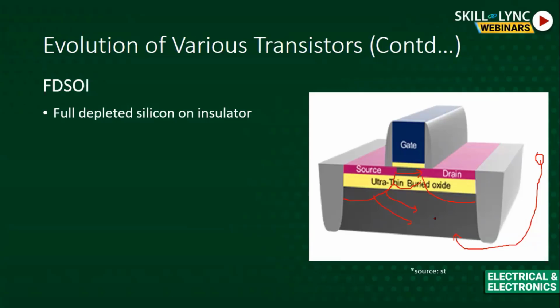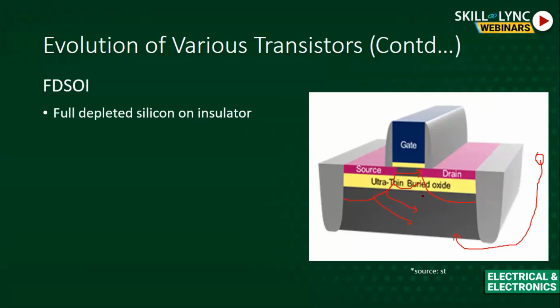As we provide voltage to our body, we call this body biasing, and body biasing is efficient when we have this kind of structure, FDSOI.